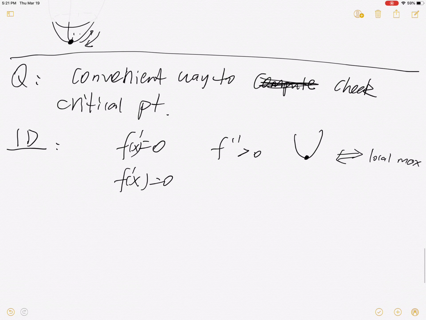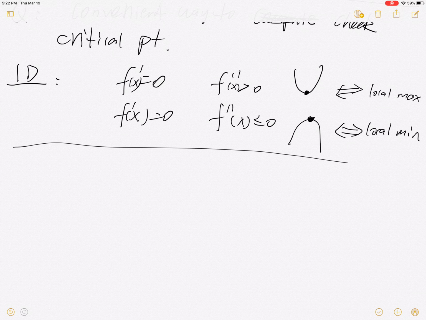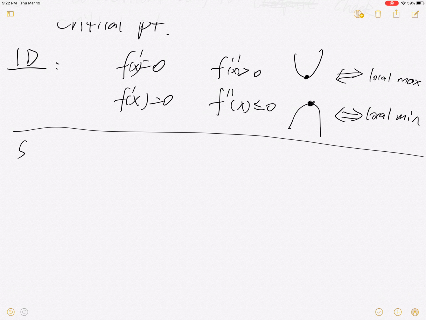Similarly, under this condition, if the second derivative at this point is negative, then you have this picture, which gives you a local maximum.